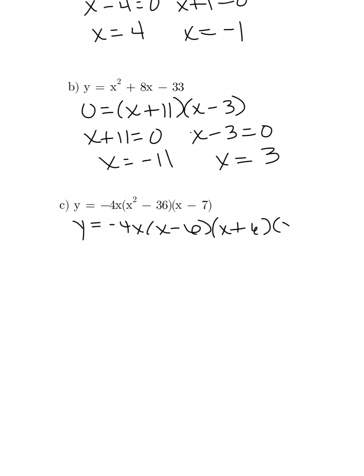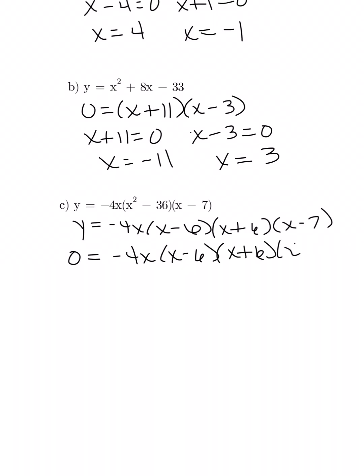And then we'll leave everything else exactly as it was. Now we set it equal to 0, and then set each of these factors equal to 0 to find the zeros of the polynomial.